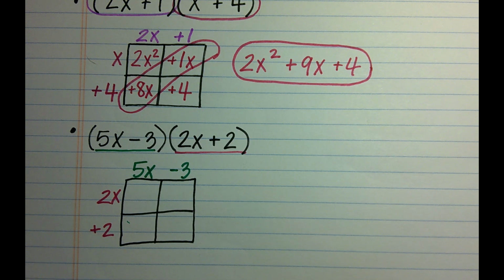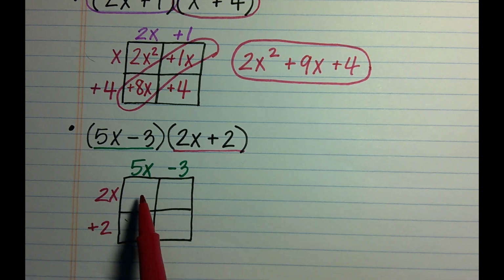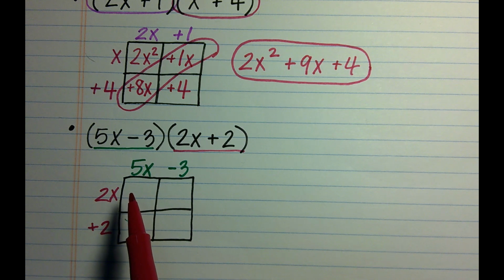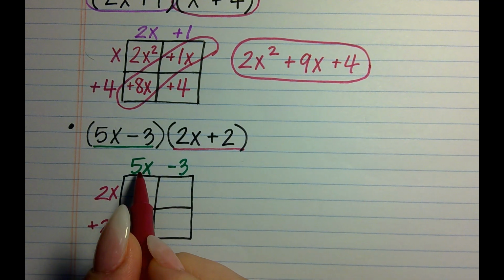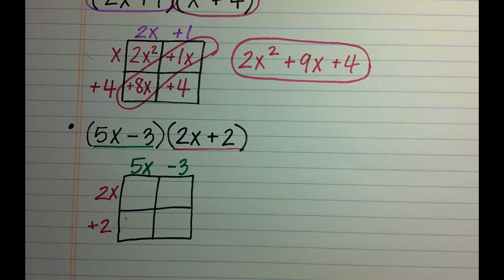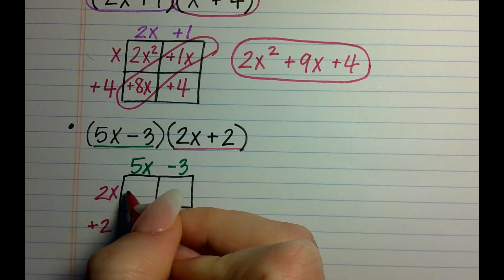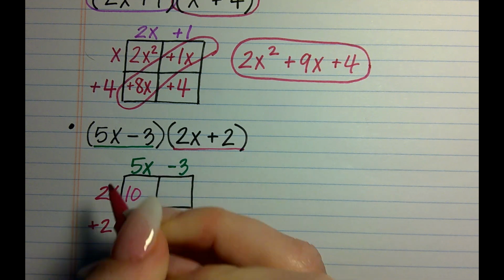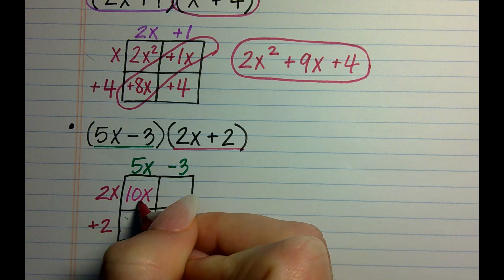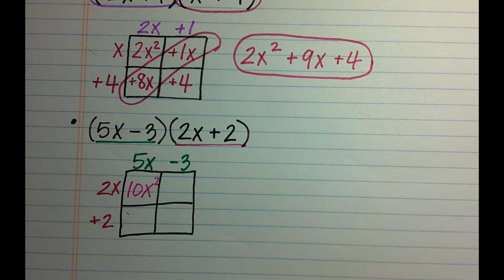So, in my first box, the one that is right here, which two terms do I multiply? 5x and 2x. What is 5x times 2x? 10x to the second power. Yes, 10x squared.